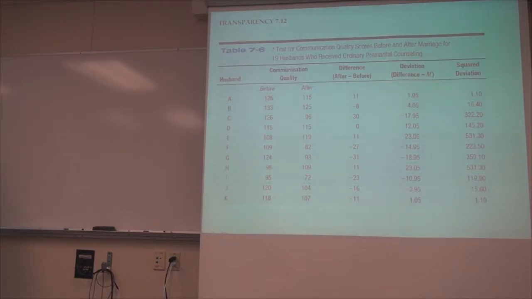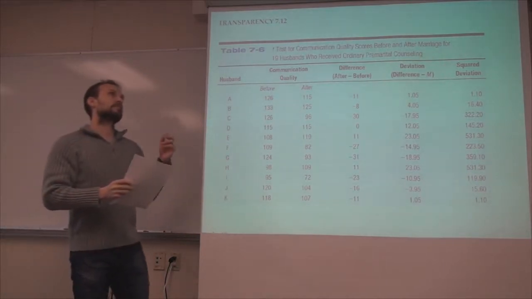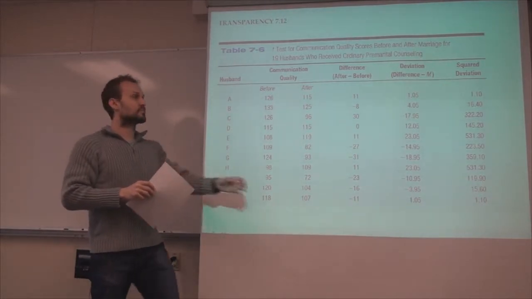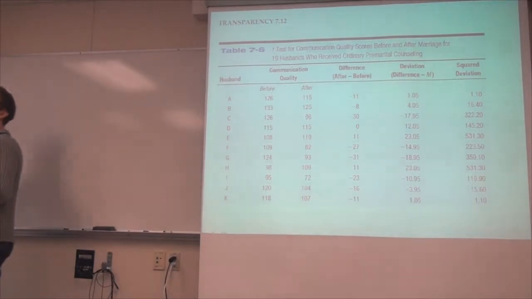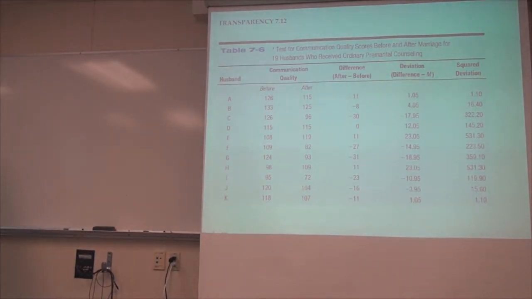Is it extreme enough to suggest that the population mean of differences is not zero, meaning that there is a change before and after? So everything is differences. I really only have one set of sample values, mixing the before and after as differences, so I only have one set to look at.